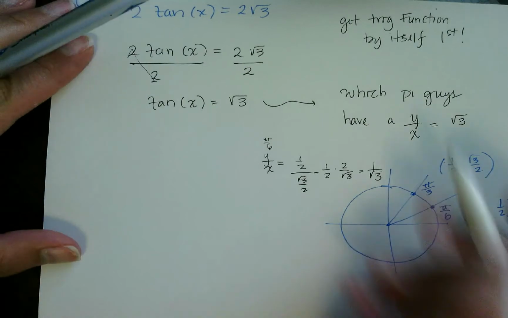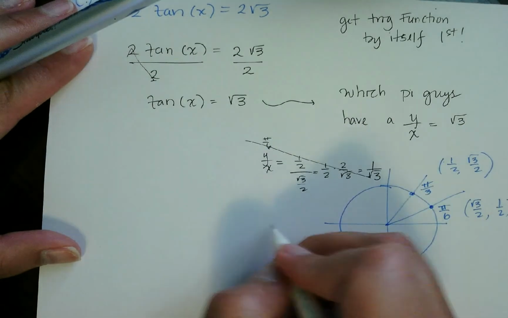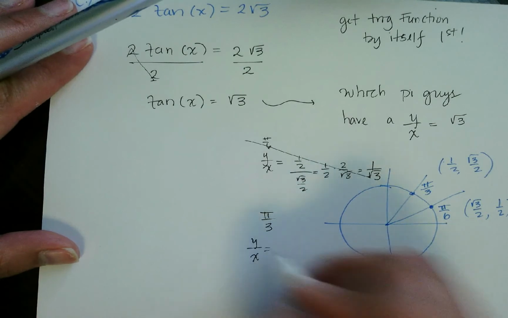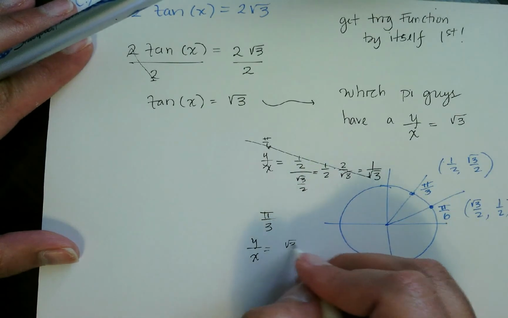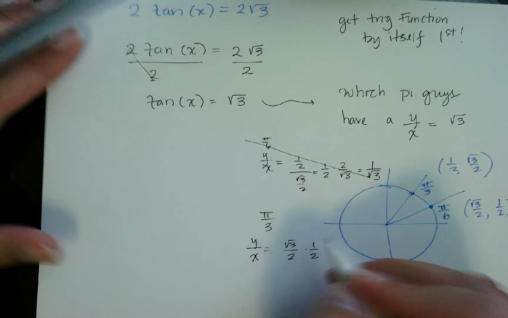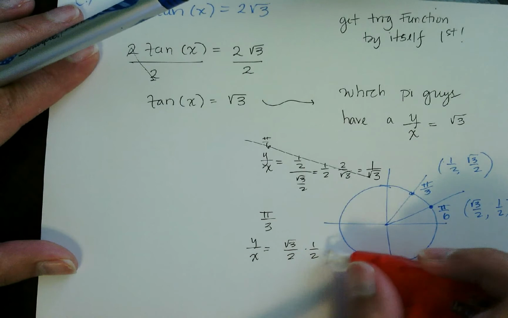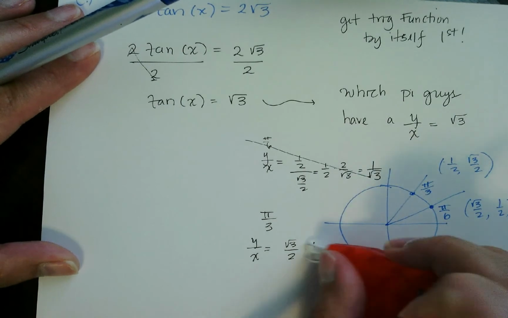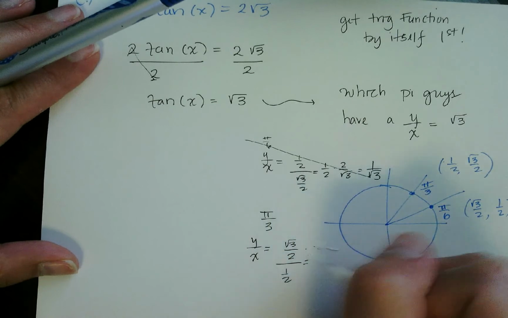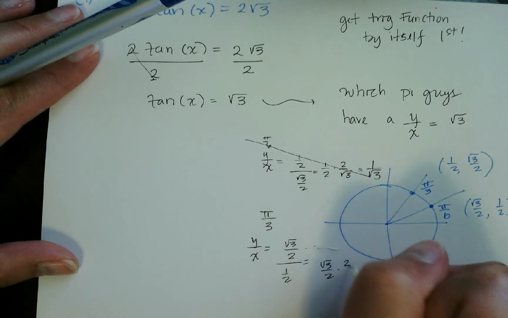So we want y over x, and this y is square root of 3 over 2, multiplied by the flip, 2 over 1. That's what I get for doing it in my head. Let me not do it in my head. Oh, look at that. Square root of 3 over 1, which equals square root of 3. So it's the pi over 3 guy.